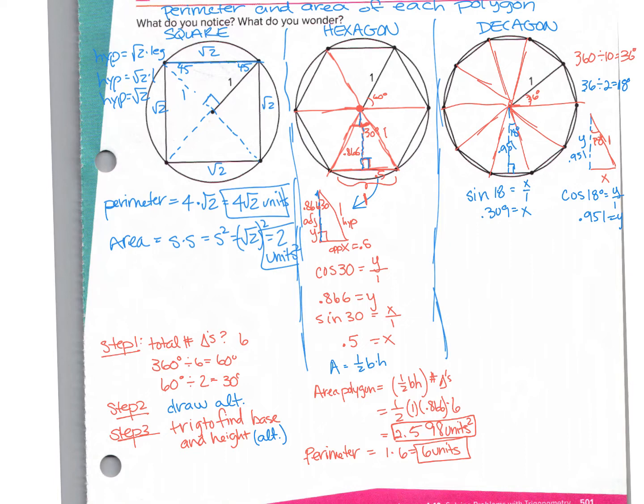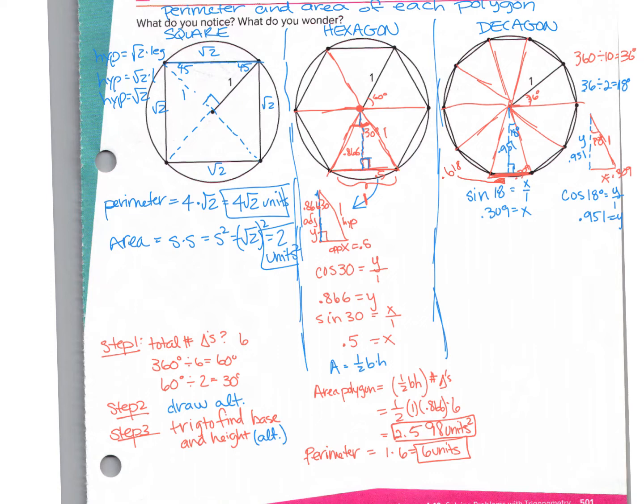And I know that half of my base of my triangle is 0.309. This little half right here is 0.309. So that little half will help me find the entire base, this entire base right here. I have to double 0.309. So that entire base of this triangle is 0.618.